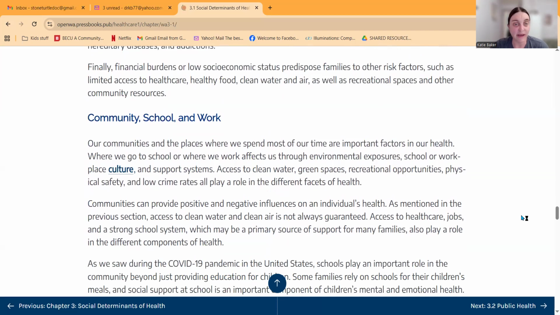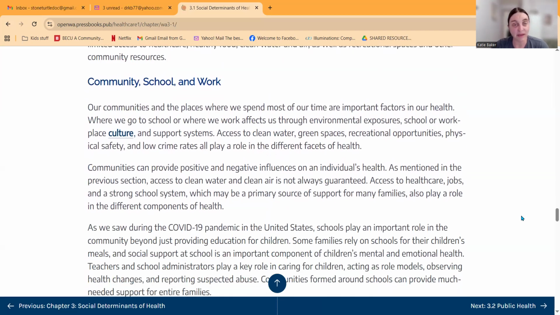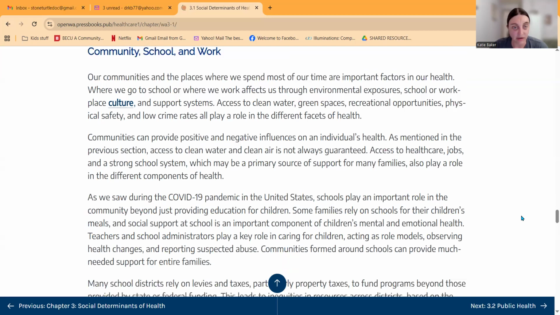We're going to talk about the environment that we exist in, both in our homes, in our school, and at our job, and how those environments can have an effect on us through physical, chemical, or environmental exposures, as well as providing opportunities for access to nature, access to recreation, and job advancement. So there's a lot going on in here.